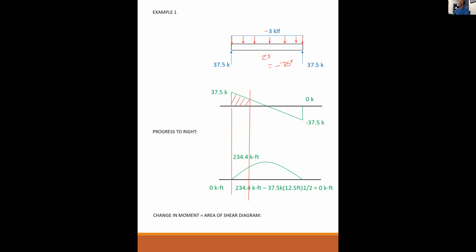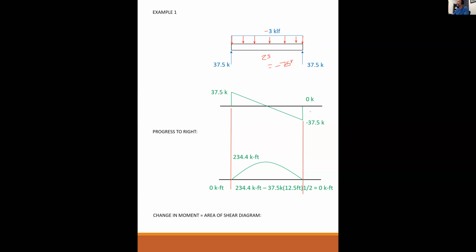By the same token, you could also say, I want to know what is the change in the moment diagram from this point to this point. How much does the moment diagram change from here to here? Well, the change is equal to the area of the shear diagram from the same 2 points.